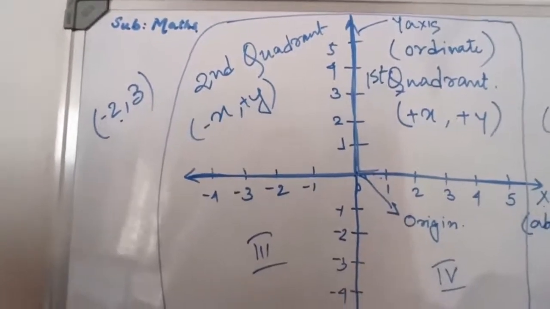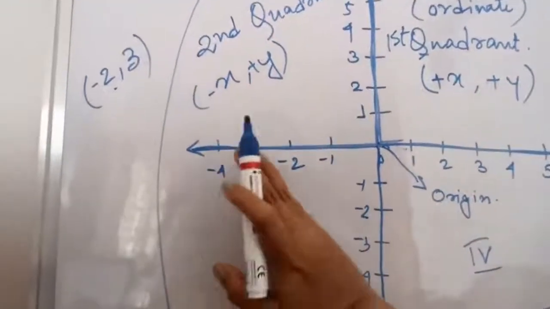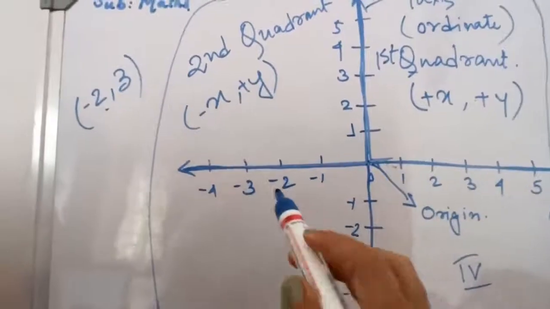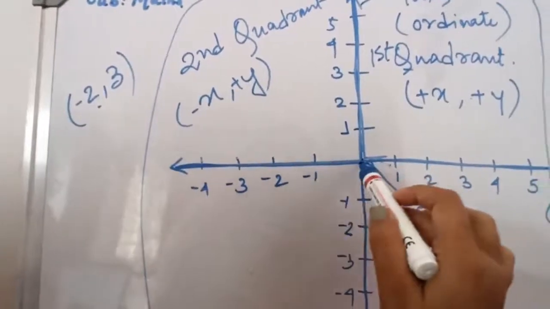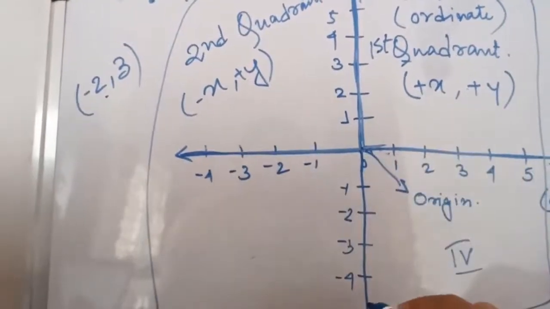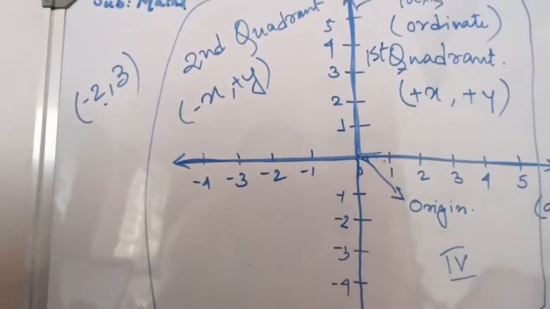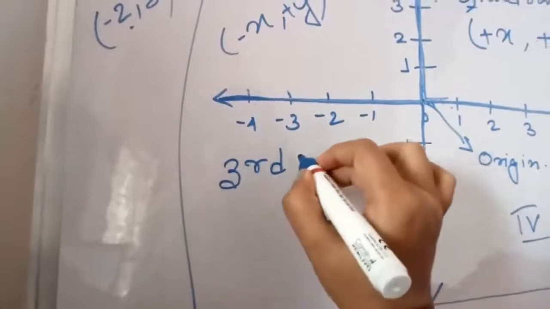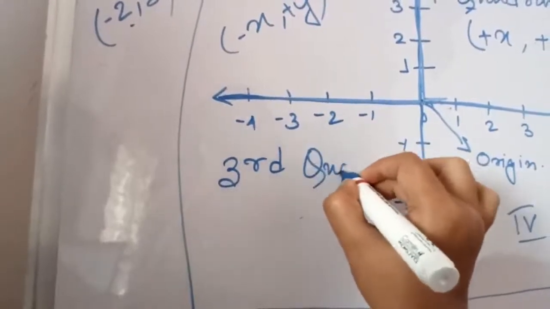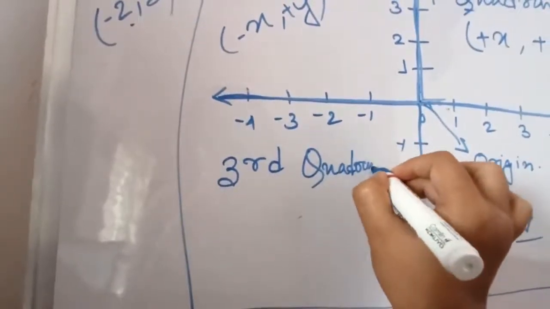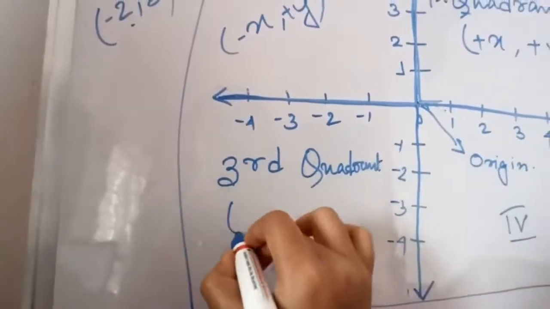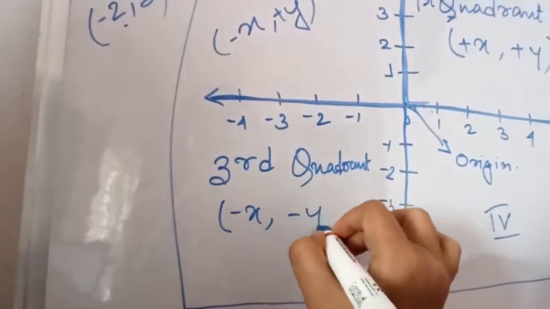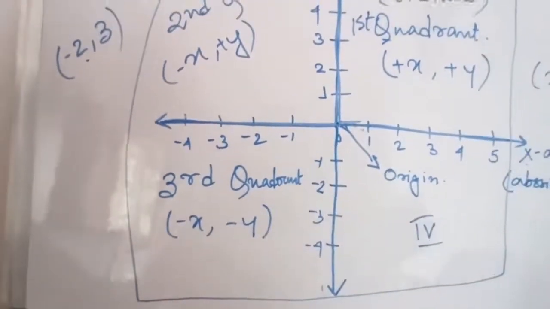Now the third one: you see, this block is bounded by the negative x axis and the negative y axis. So this forms our third quadrant, and it has negative x and negative y, right?